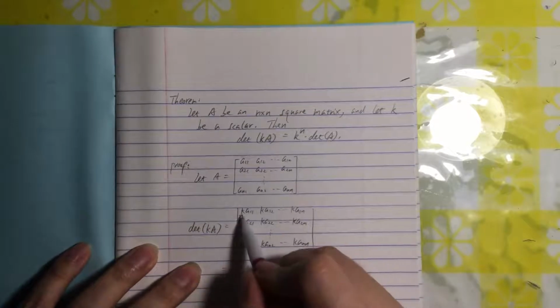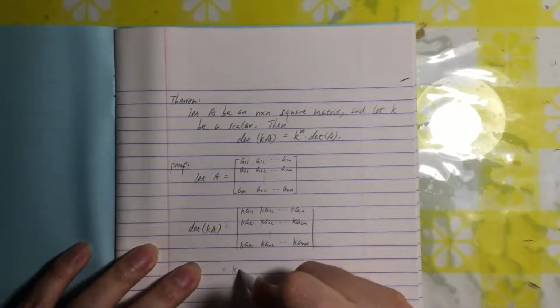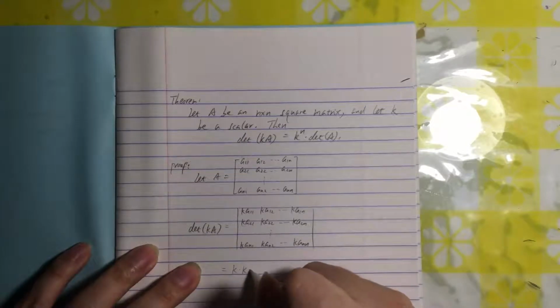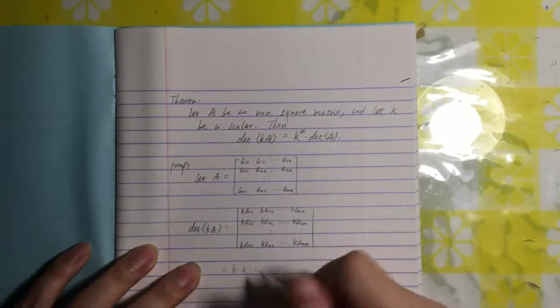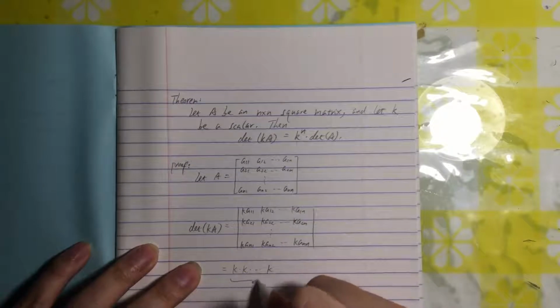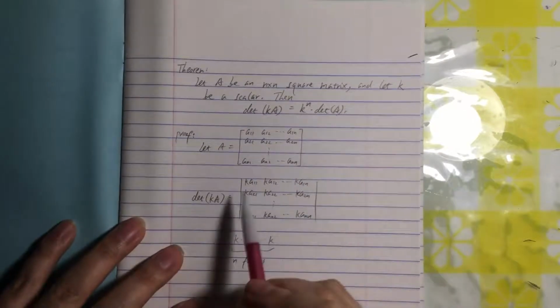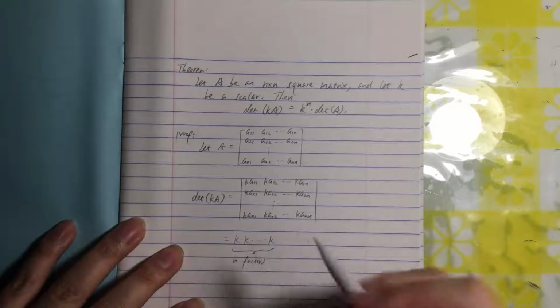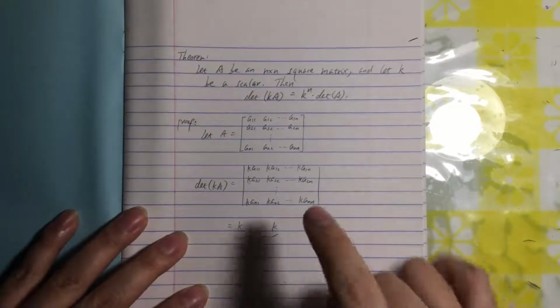So I can pull out common factor k from the first row, then pull out common factor k from the second row, and pull out common factor k from every row. There are n factors. I pull out k from the first row, second row, third row, and nth row. So there are n factors of k.